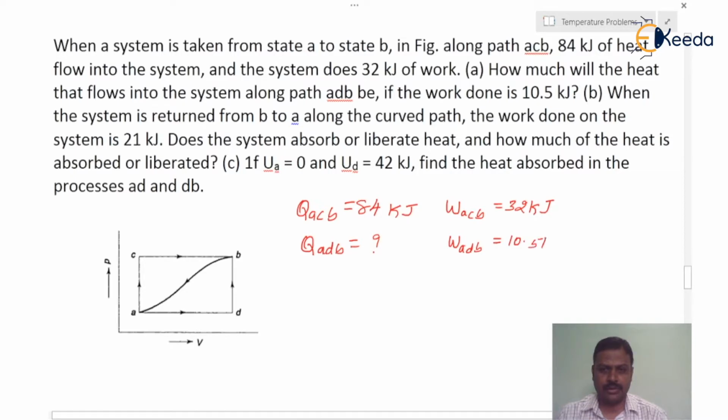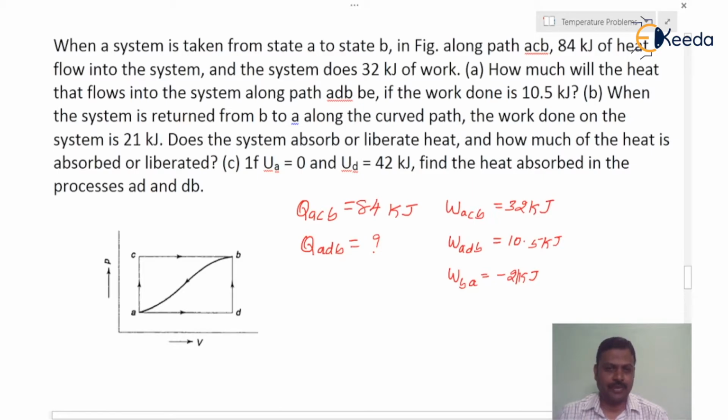When the system is returned from B to A along the curved path, the work done on the system is 21 kilojoules. So WBA is minus 21 kilojoules as there is work done on the system. It is minus 21 kilojoules.